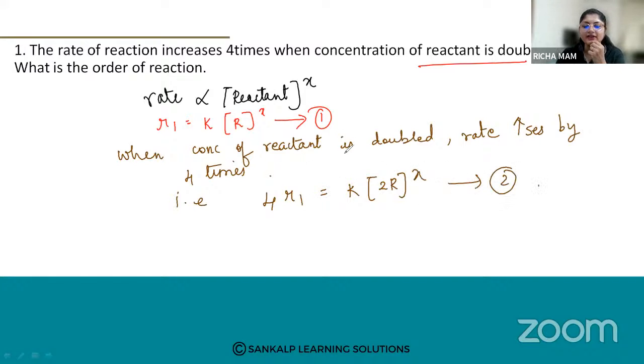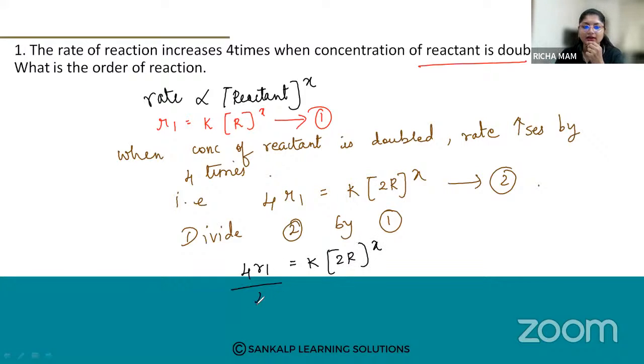If we divide equation 2 by 1, just see what you will get. 4R1 equals K into 2R raised to X, divided by R1 equals K into R raised to X. After dividing, R1 and R1 cancel, K cancels, and R and the exponent cancel.